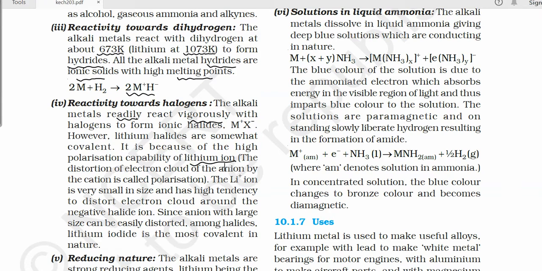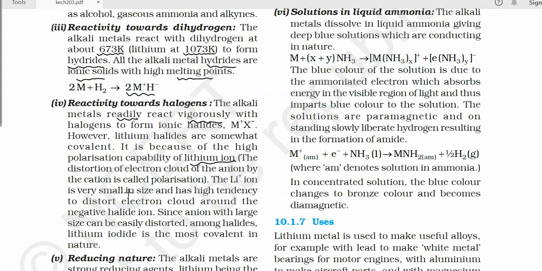Here the lithium ion can highly polarize the electron cloud of the anion. This distortion of the electron cloud of the anion by the cation is called polarization, and this property is present in the lithium ion, due to which the covalent character is more in lithium halides in comparison to the halides of the other alkali metals.